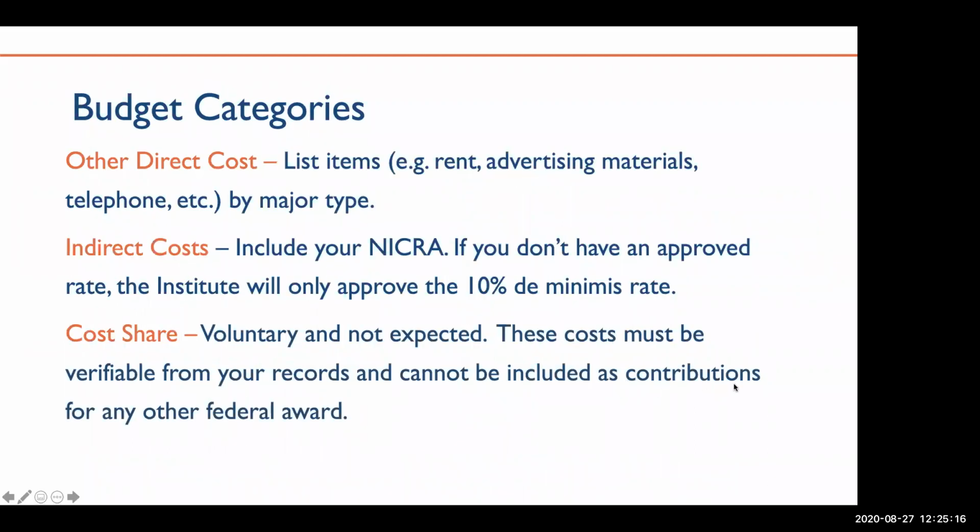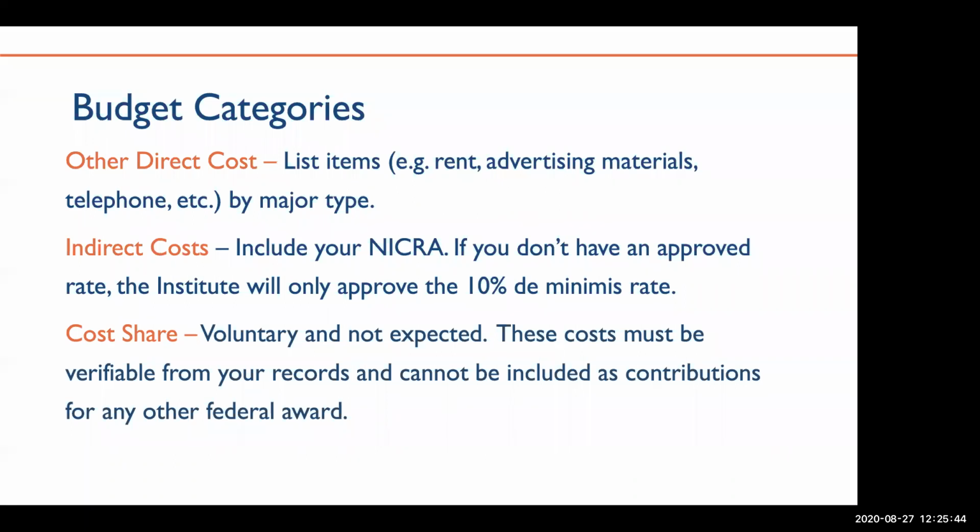Thank you. Great. Okay, I'm just going to touch on some remaining budget categories. So other direct costs include any items that do not fall neatly under other budget categories. For example, advertising materials. The budget template includes an indirect cost calculation. Please use your negotiated indirect cost rate, or NICRA, if your organization has one, or you may opt for the 10% de minimis rate.